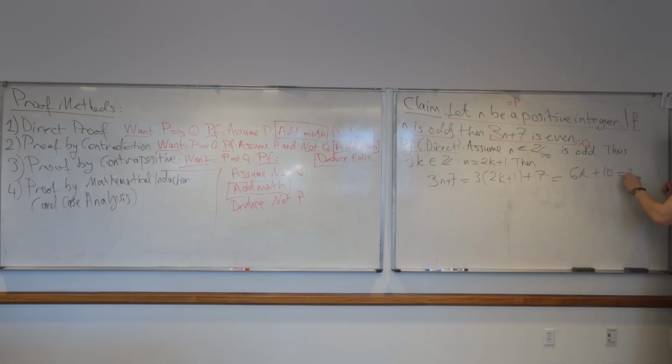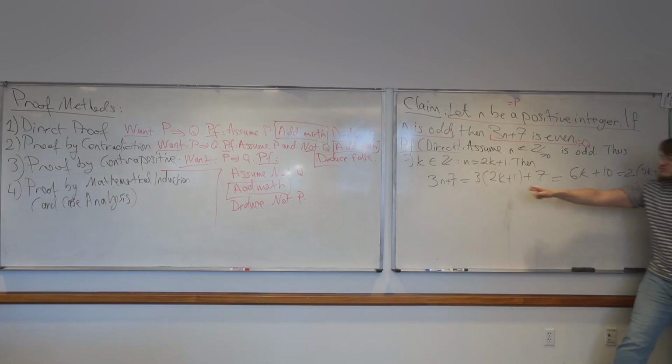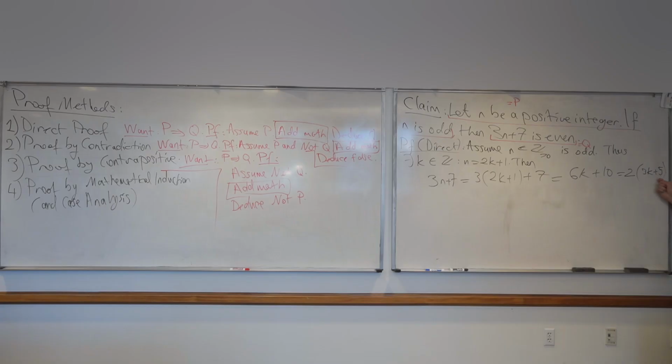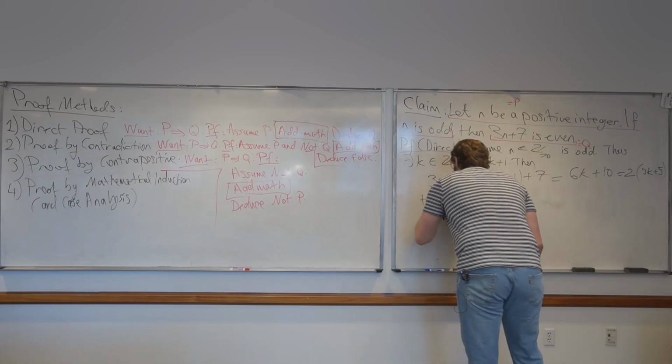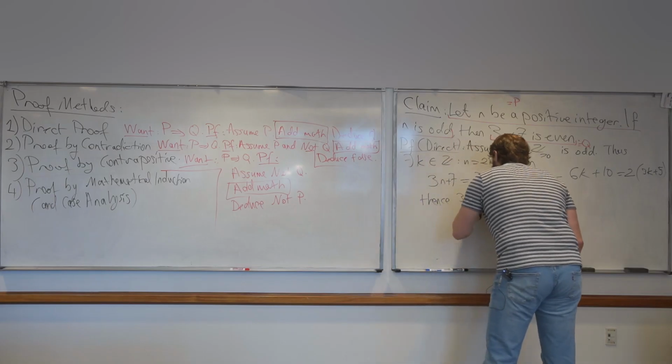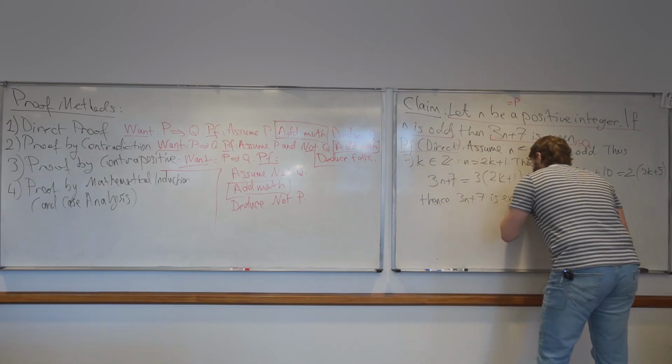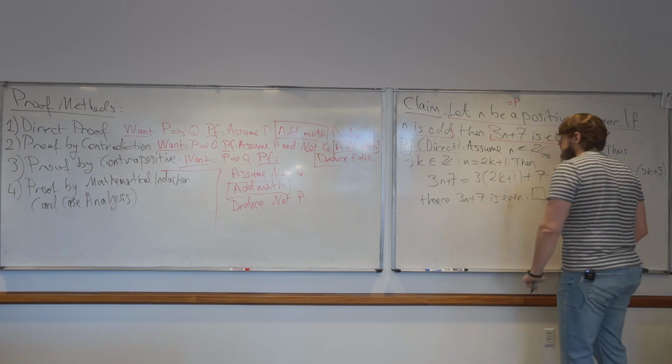And then you see that this is 2 times (3k plus 5). This is an integer because k is an integer. But then I'm saying 3n plus 7 is 2 times some integer. That is what it means for a number to be even. And that's the end of the proof.